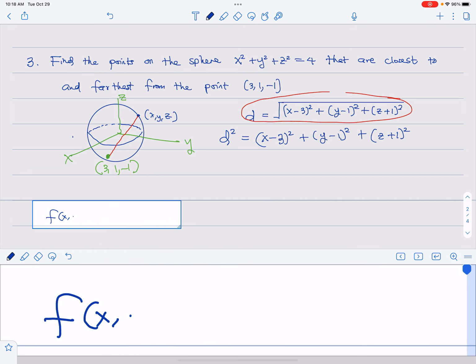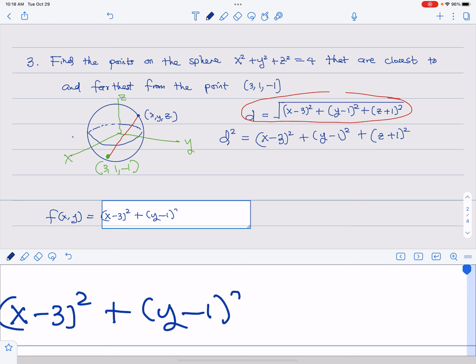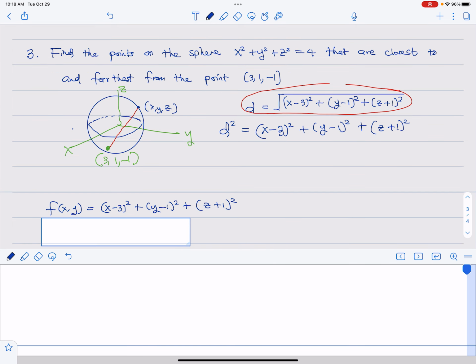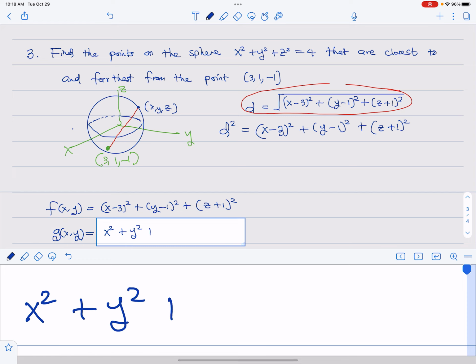So it turns out we have our f of x, y, z is x minus 3 squared plus y minus 1 squared plus z plus 1 squared. Okay, and our constraint g of x, y, z is x squared plus y squared plus z squared is equal to 4.